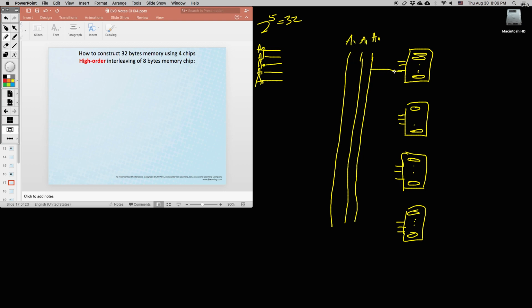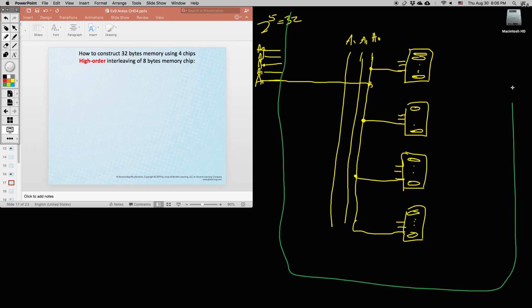This is A0 from the first, topmost chip, and this is A0 from the second one, and the third one, and the last one; the A0 lines are all connected together. We imagine that we have a big chip which is 32 bytes. Since it is 32 bytes, we have 5 address lines.